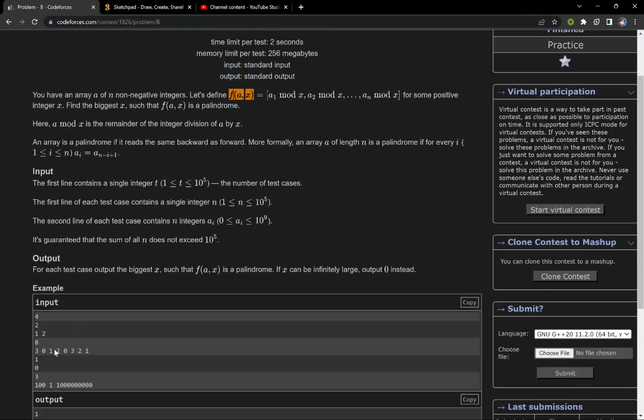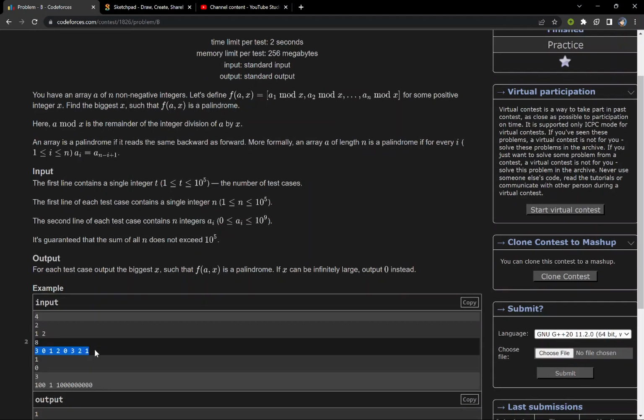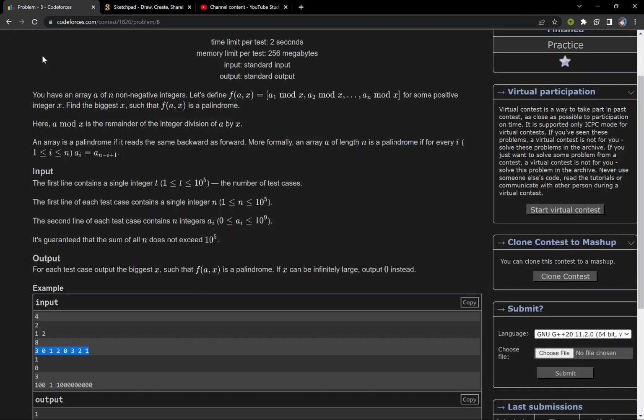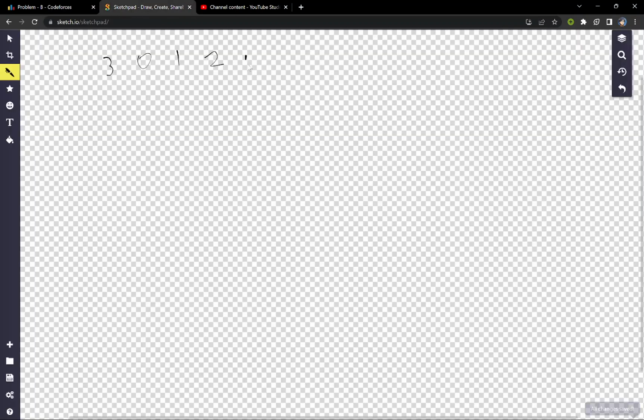So suppose we are given the array 3 0 1 2 3 0 1 2 0 3 2 1. Now for making a palindrome, this value should be equal to this value, that is 3 should be equal to 1, that is after changing 3, and after changing 1 the value should be equal, right?